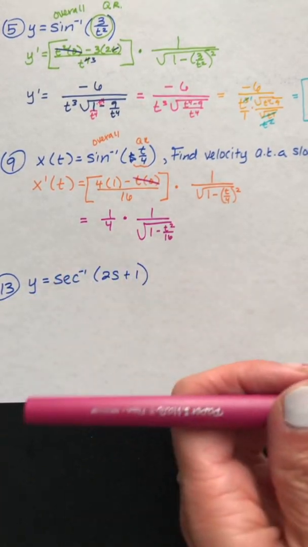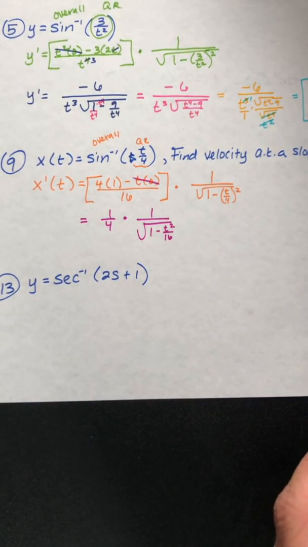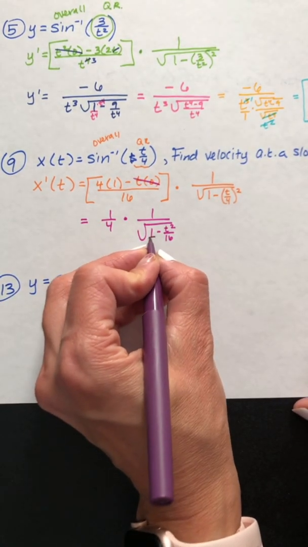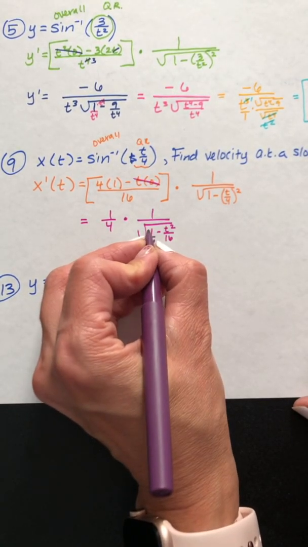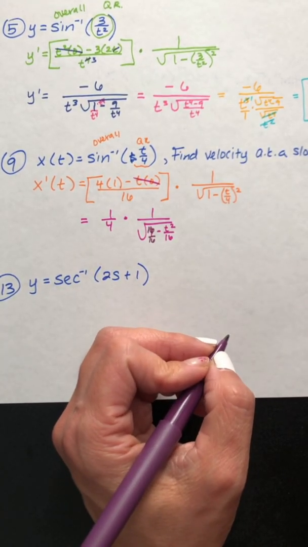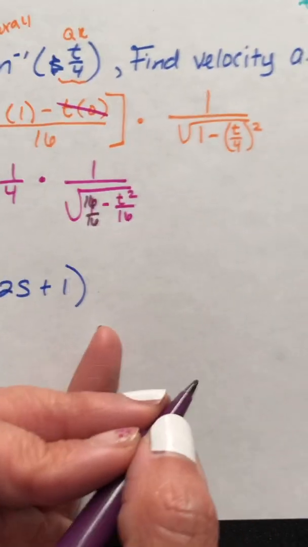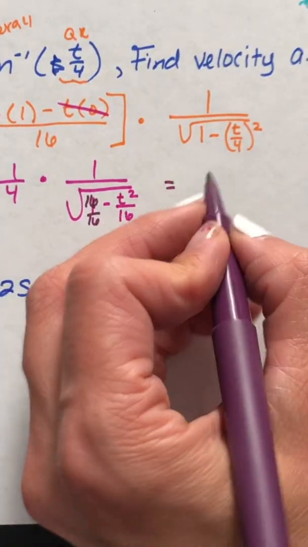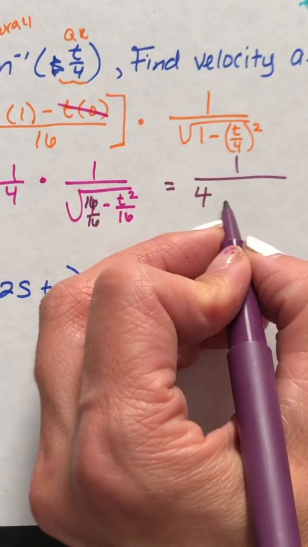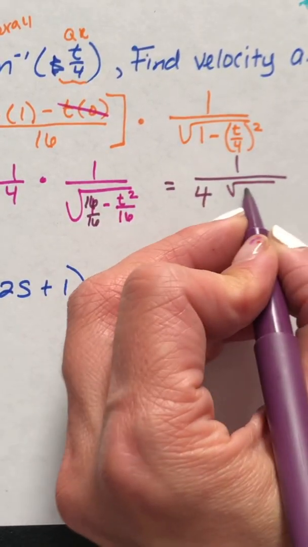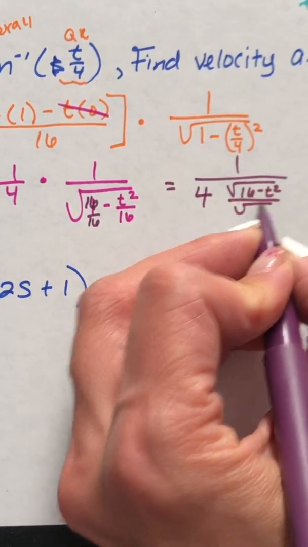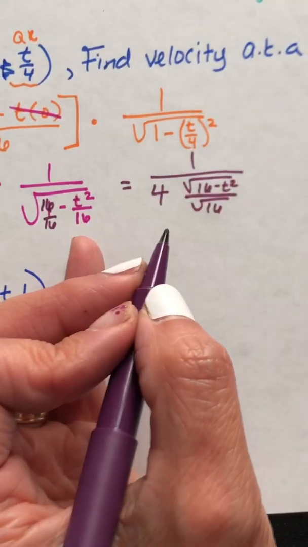Remember, we need to get a common denominator so that we could split that fraction. So the denominator is going to need to be a 16, but that means I need to multiply the top by 16. 16 times 1 is 16. Let me zoom in a little bit so you can see that better. Equals, so I'm going to have 1 in the numerator, 4 on the outside, and I'm going to have the square root of 16 minus t squared all over the square root of 16.